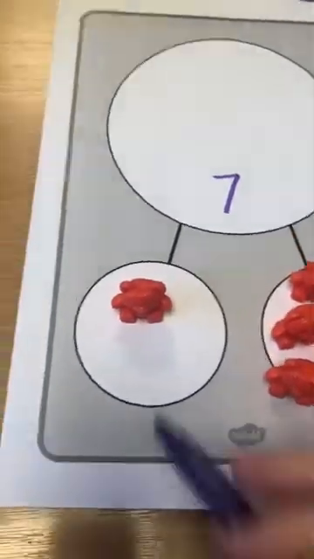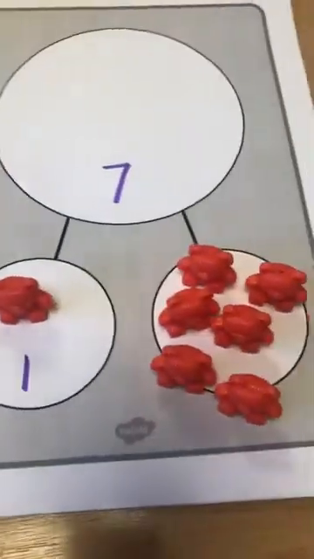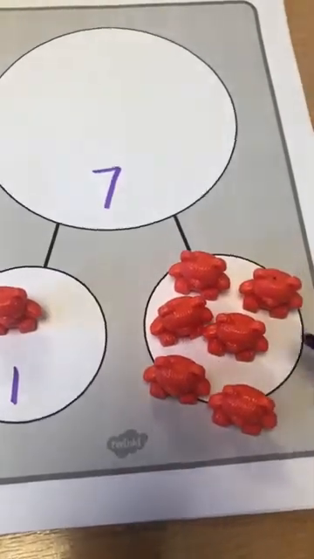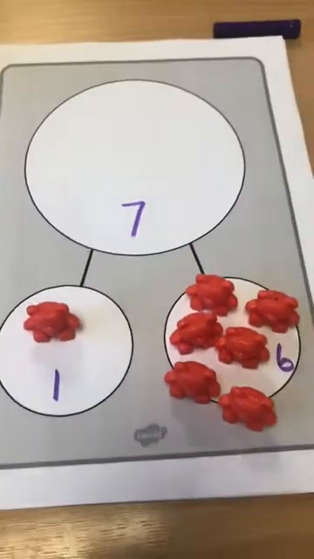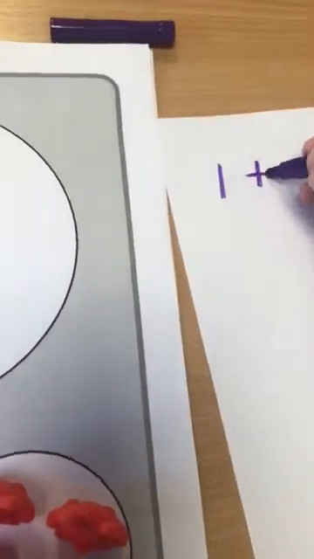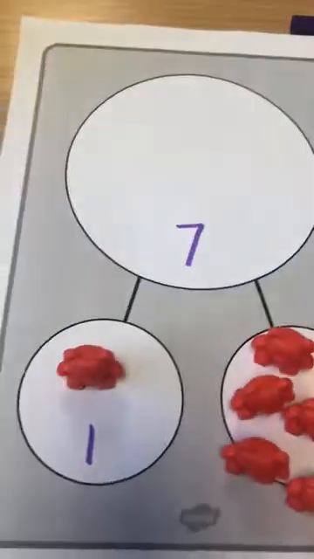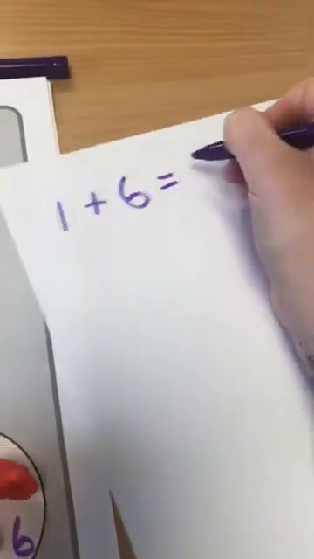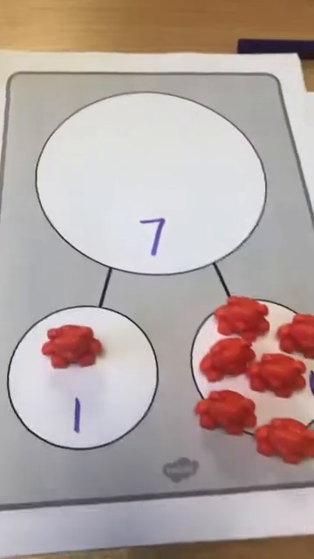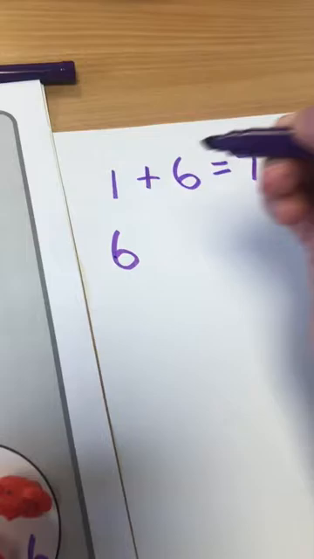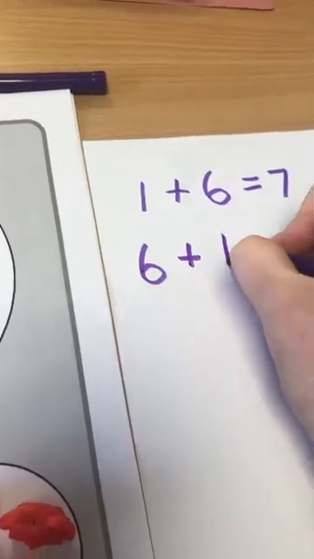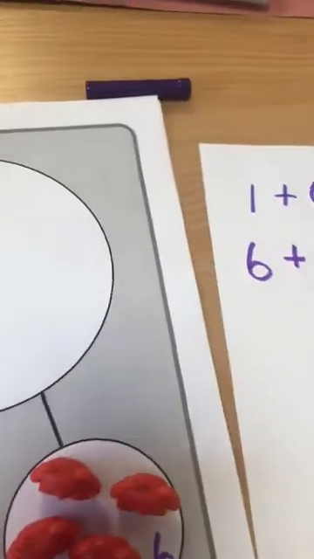That would mean 7 is made of 1 and 6. Let's write that down as a number sentence. 1 add 6 equals 7. We could also write it as 6 add 1 equals 7.